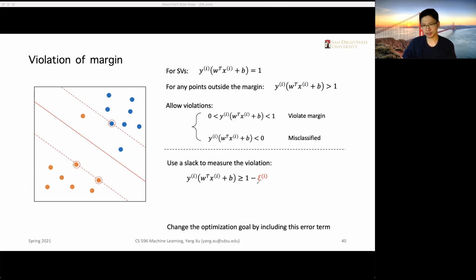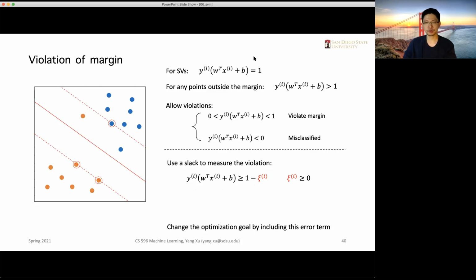The slack is written as this Greek letter. Is it called sigma, or maybe epsilon? I think I didn't pronounce it correctly. Anyway, let's call it slack. So this slack term is something we introduce to the optimization goal, right?